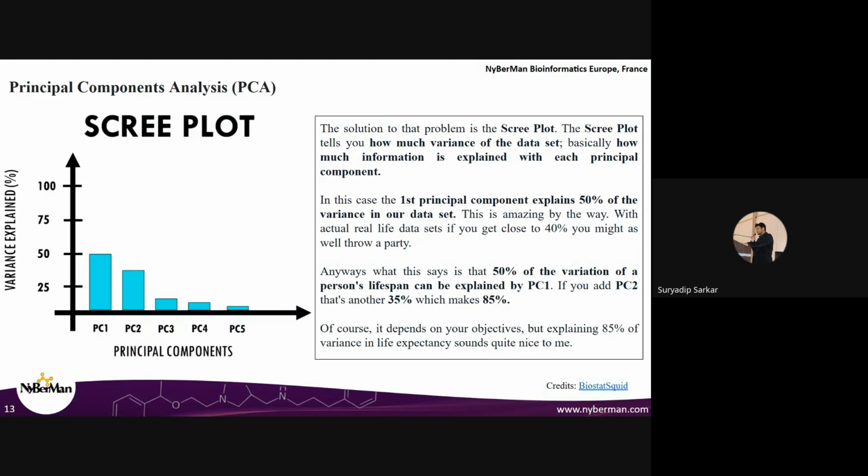And that is exactly why we can do away with only the first few PCs. PC3, if you see here, I think it is somewhere around 7 or 8. So if I use PC1, PC2, and PC3 as my features instead of all the 200 features, I am still retaining 93% of the information that my dataset is giving me, and I don't have to use all the 200 features.